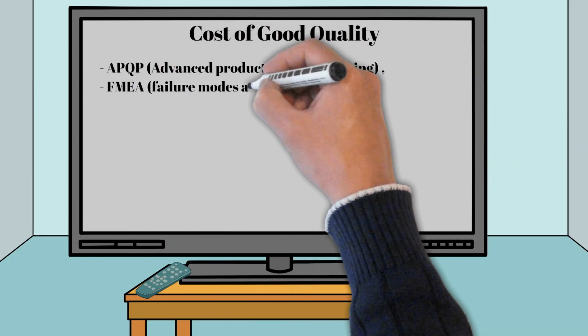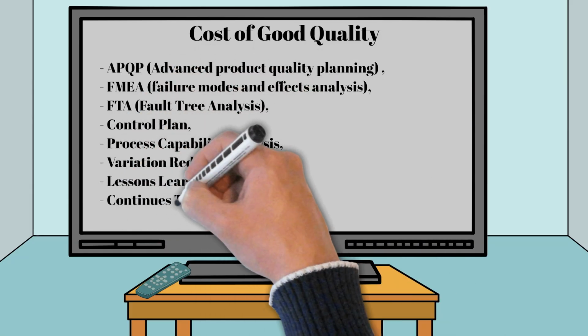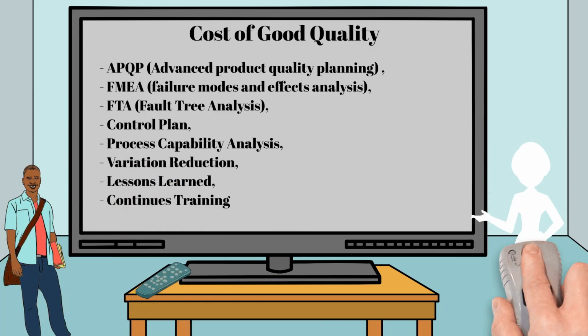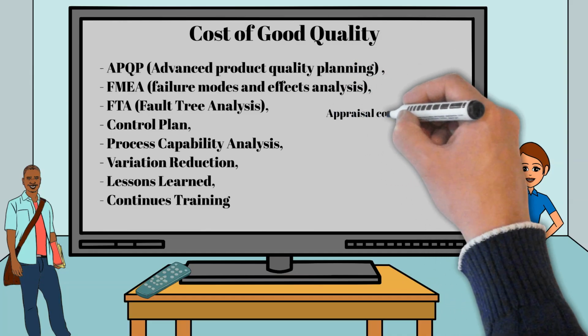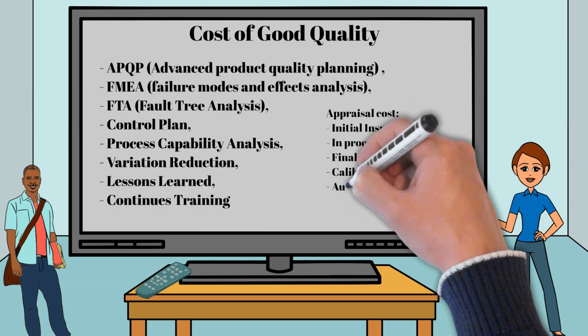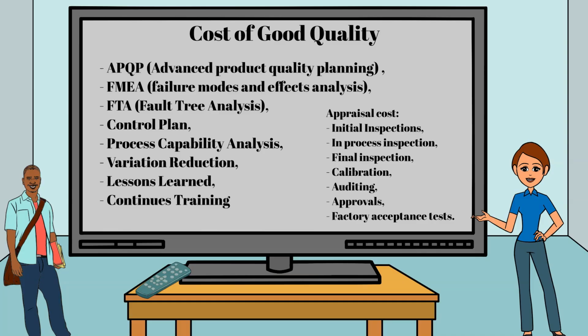There are costs associated with using APQP, Advanced Product Quality Planning, FMEA, Failure Modes and Effects Analysis, FTA, Fault Tree Analysis, Control Plan, Process Capability Analysis, Variation Reduction, Lessons Learned, and Continuous Training. In addition, the appraisal has a cost of inspection costs, in-process inspection, final inspection, calibration, auditing, approvals, and factory acceptance tests.